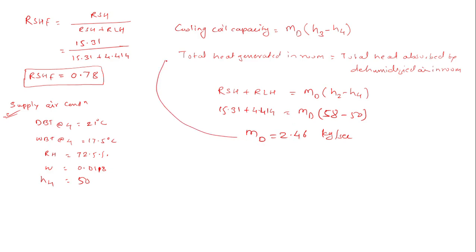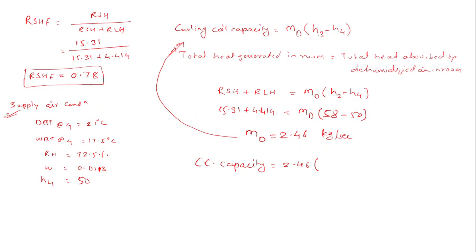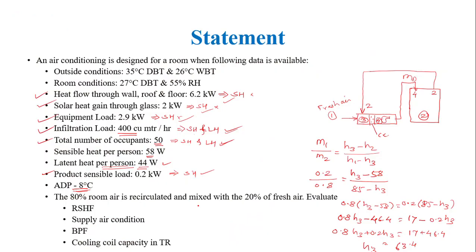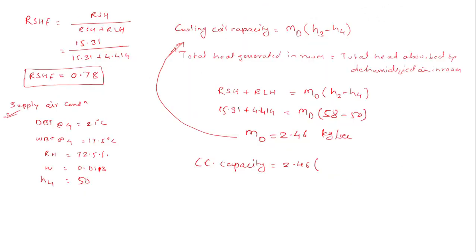Now I can put this answer in the cooling coil capacity formula. Cooling coil capacity is equal to 2.46 times the enthalpy difference across the cooling coil, H3 minus H4. H3 is 63.4, and H4 is 50.